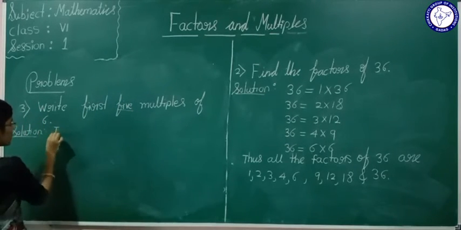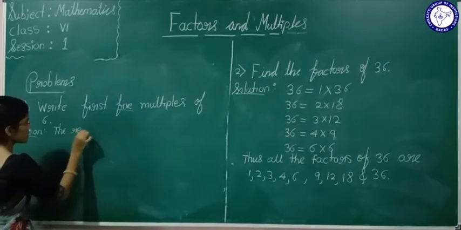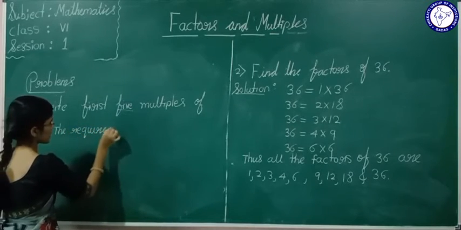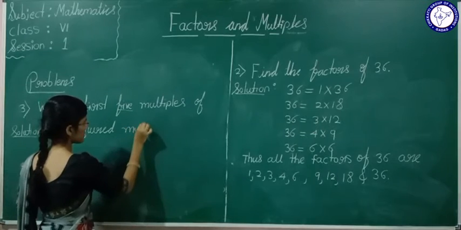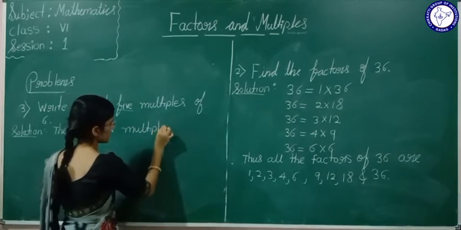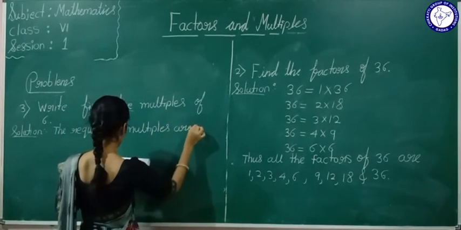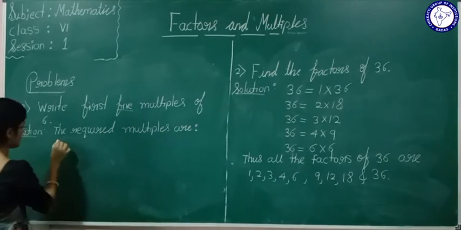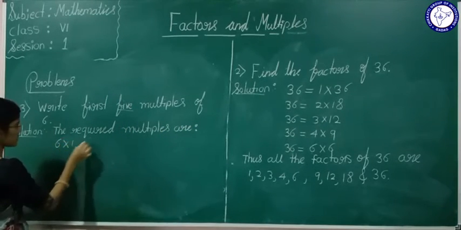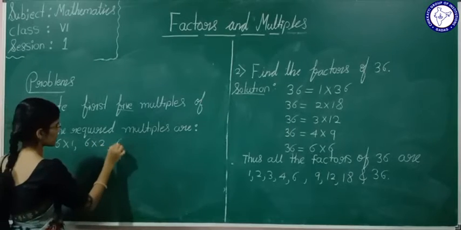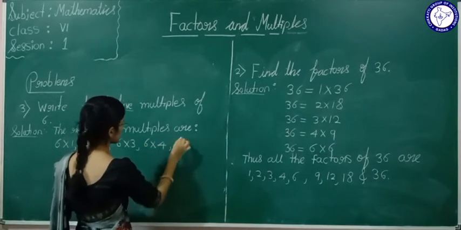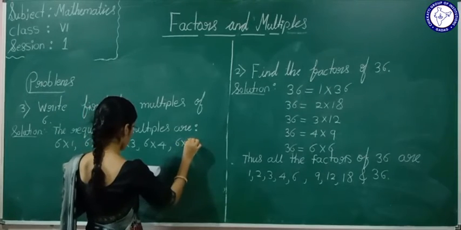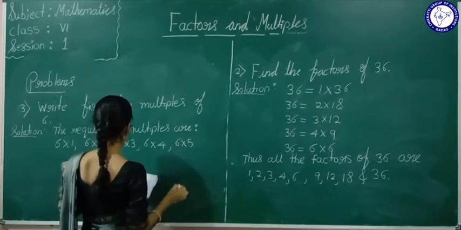The required multiples are 6 multiplied by 1, 6 multiplied by 2, 6 multiplied by 3, 6 multiplied by 4, 6 multiplied by 5.